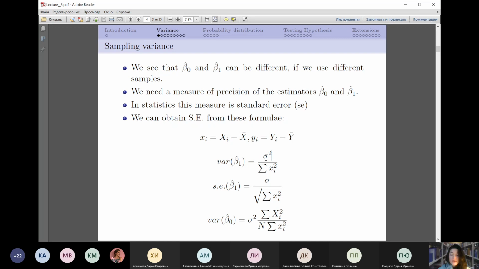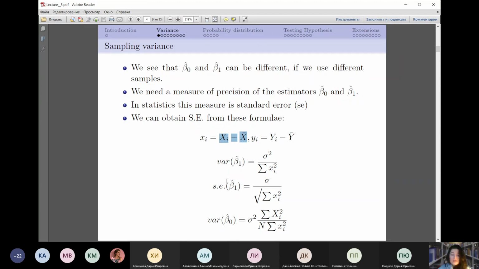In the numerator, you can see the variance of the error term, and in the denominator, you see the squared difference between the observed value of x and the mean value of x.